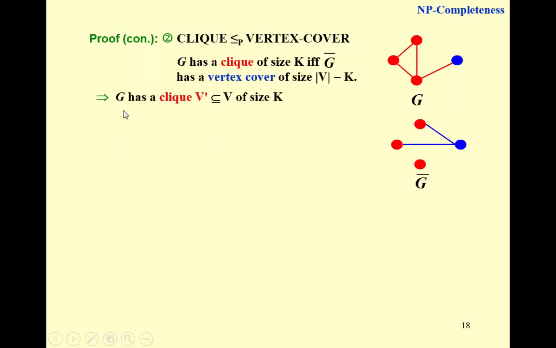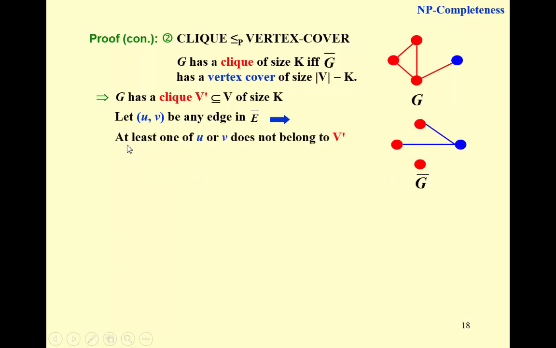We start by assuming that this G has a clique V prime of size K. Now let's consider the blue edges that are in the complement of G. Let U and V be any edge in the complement graph.